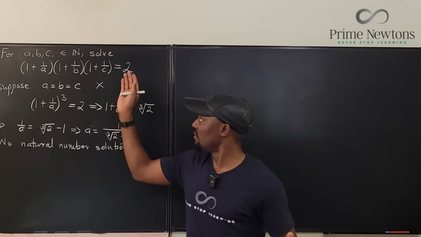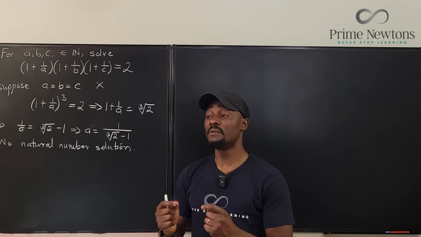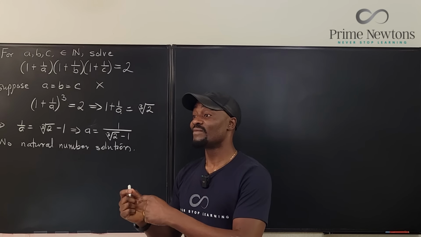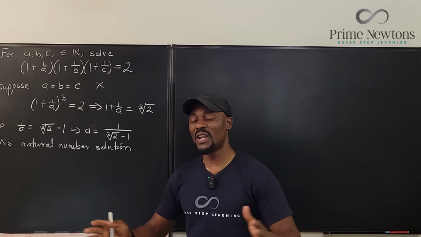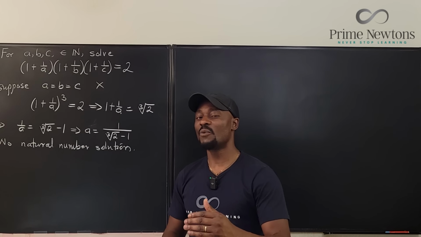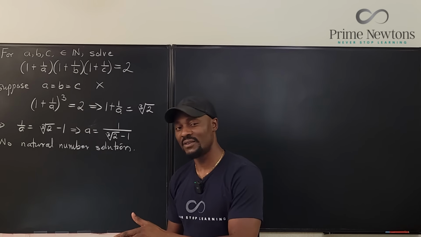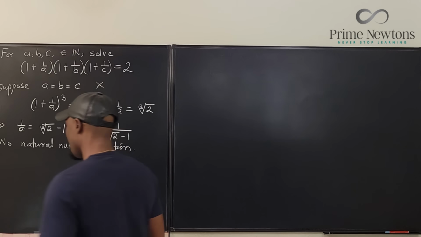Now, because there are 3 variables, you don't want to just generalize. Make your life easy by assuming that one of them is less than the other. So let's make this assumption.